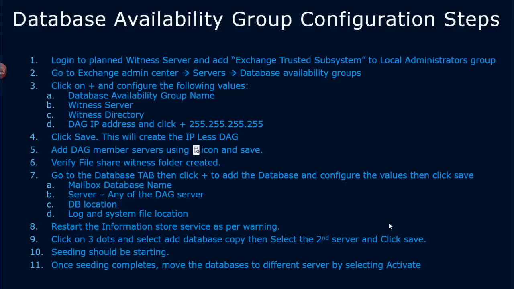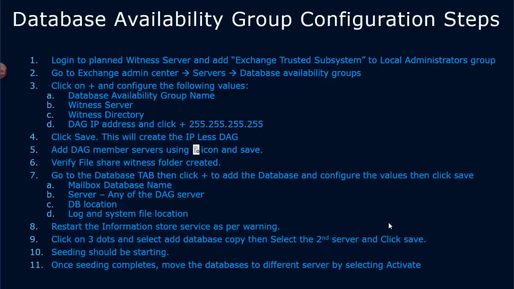If you go to the file share witness location, you can see the folder and the configuration will be there, but it will only come when you add the second server. The file share witness gives a vote to say that this server is up or this server is down, to help in mounting the databases and moving the cluster as well. So unless you have two servers, it's of no use. That's why it does not create anything inside.